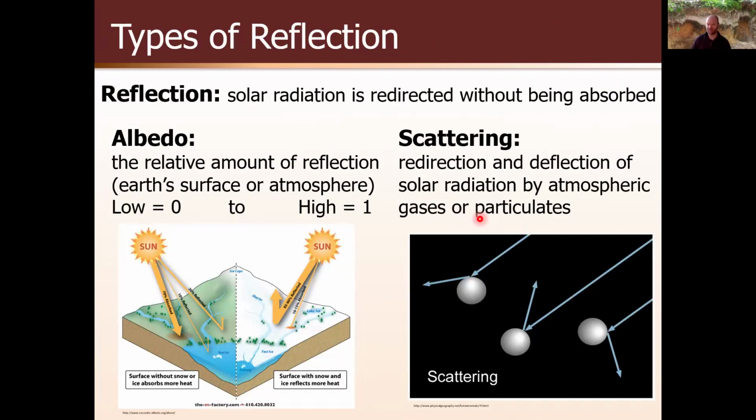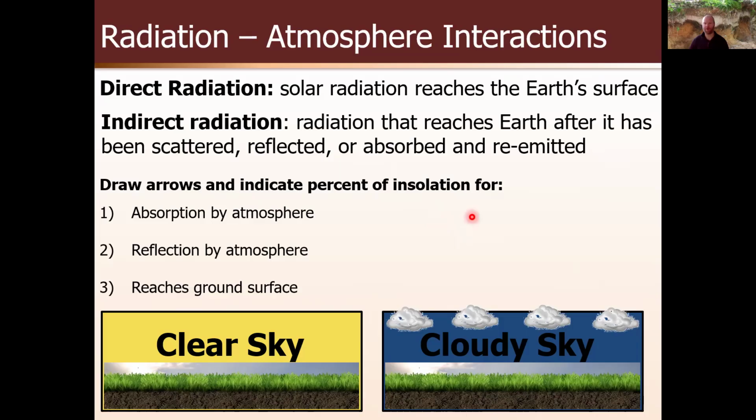And so essentially there is some amount of radiation that comes from the sun and passes all the way through Earth's atmosphere without being redirected and without being absorbed. And so that amount of direct radiation is largely influenced by atmospheric conditions. And then here, indirect radiation, a tremendous amount of radiation also then is scattered, reflected, or absorbed and re-emitted.